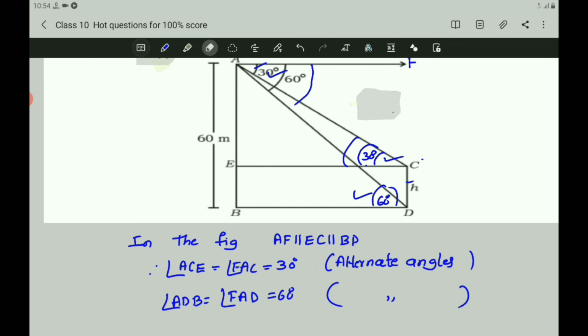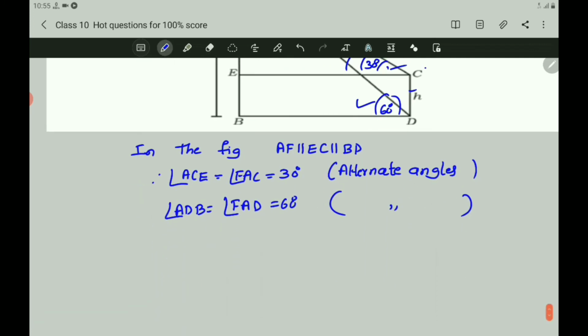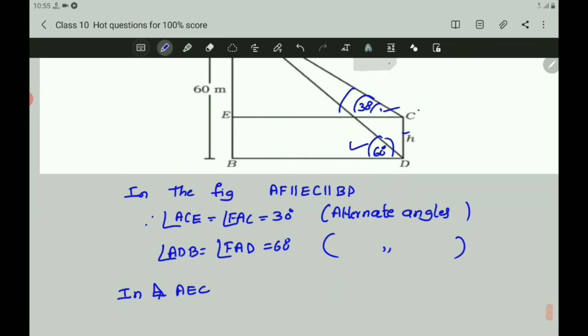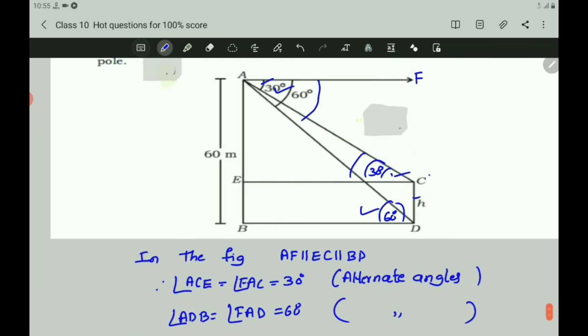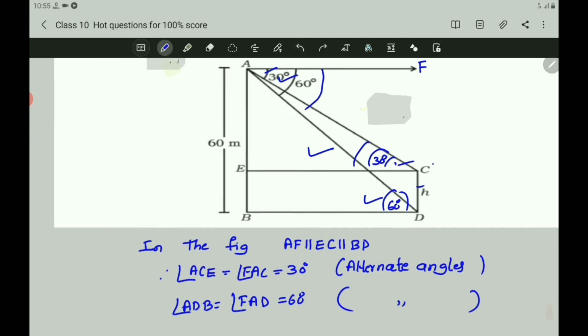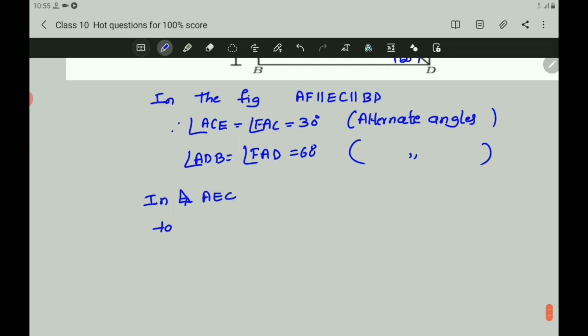Now let us apply the trigonometric ratio. Now you write the names of the triangle AEC. So you write in triangle AEC, in the right angle triangle AEC, tan theta is equals to opposite side by adjacent side.